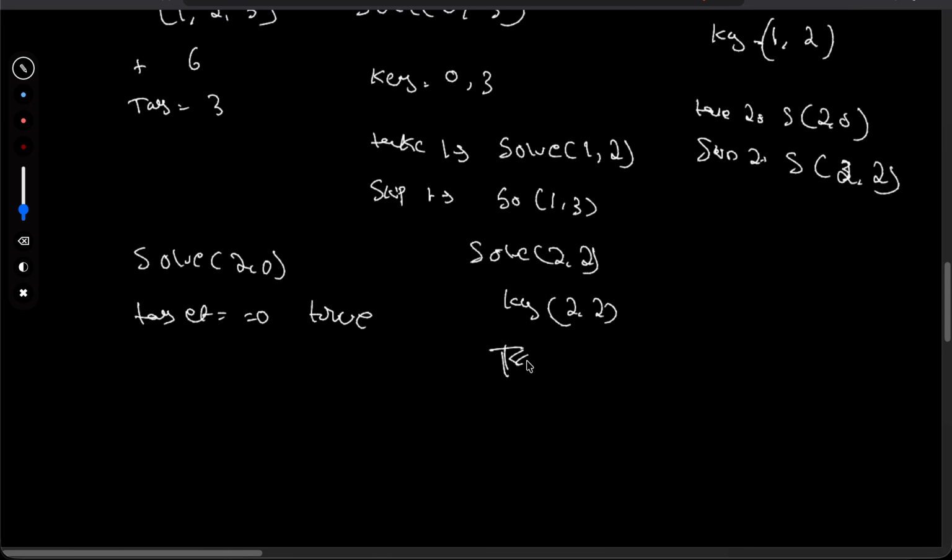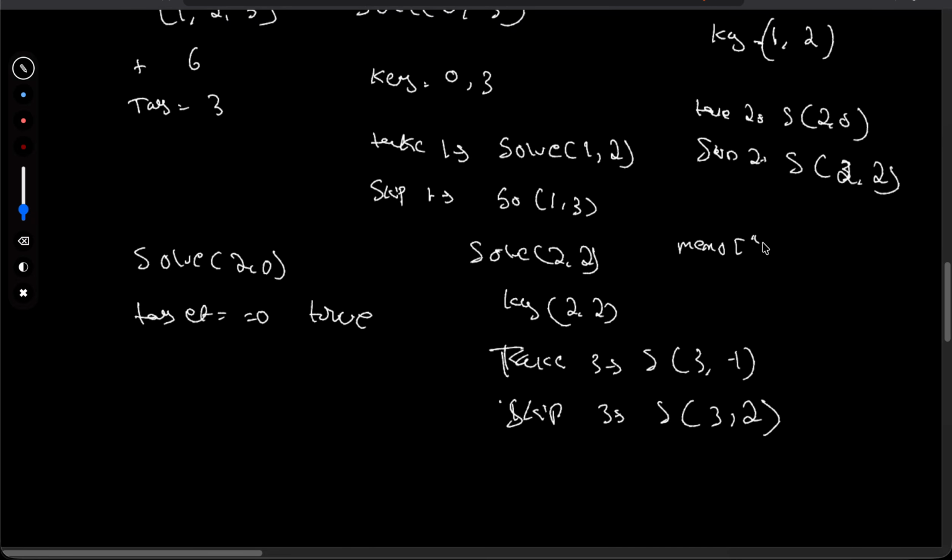If we take 3, solve of 3 with negative 1 target is out of bounds. If we skip 3, solve of 3, 2. So memo of 2, 2 is false. Here we are going to return false.